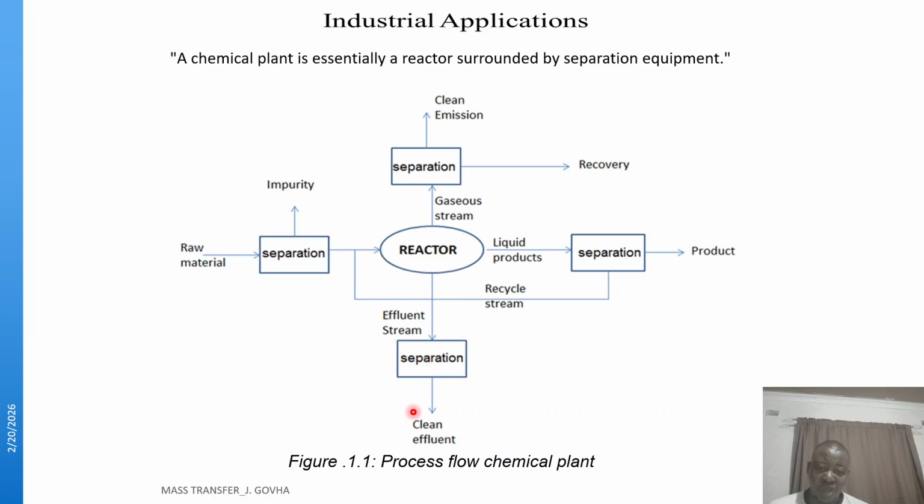The same applies to our liquid effluent, where we also need to employ separation to remove some of the harmful substances in our liquid effluent stream before it goes to its sink, which may be the water bodies or land. Then finally, our liquid product is a mixture of unreacted reactants, products of side reactions, and the main product.